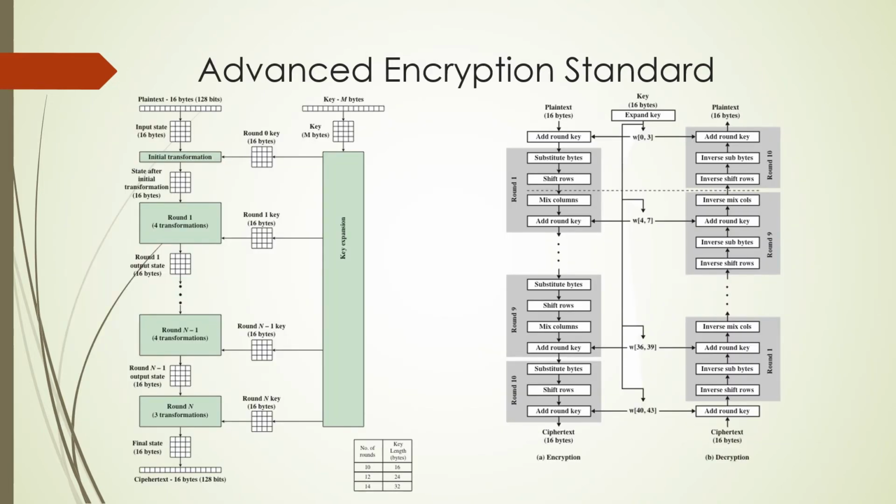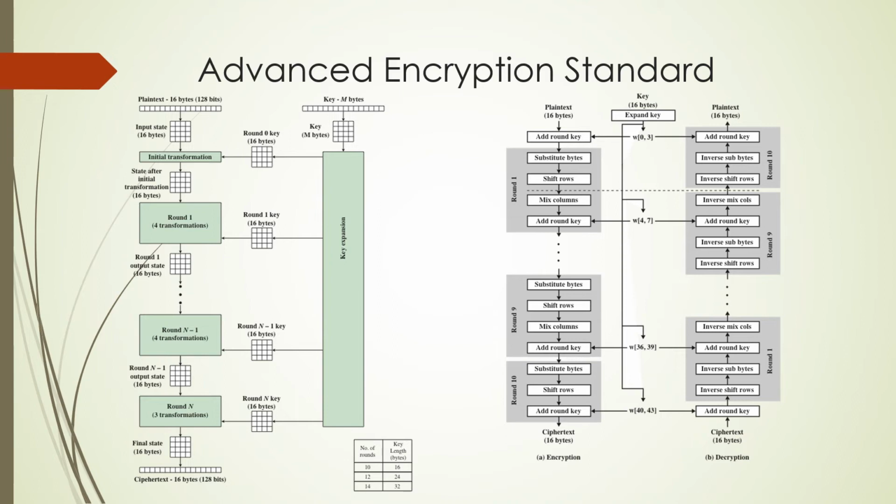AES basically uses 128-bit chunks of plain text to do the encryption process, and it generates 128 bits of ciphertext as the outcome of the encryption. As an input of decryption, it gets 128-bit ciphertext, and it generates 128-bit plain text blocks.